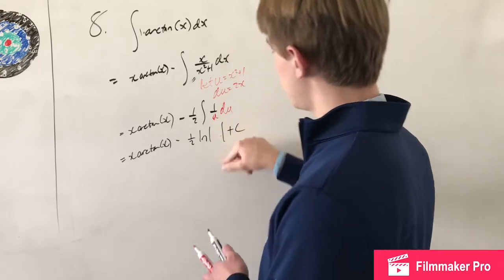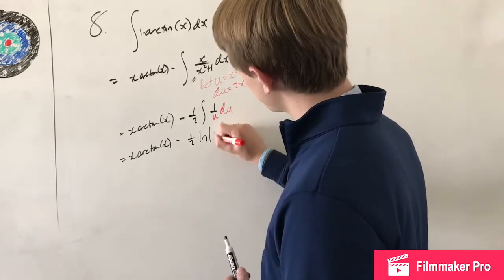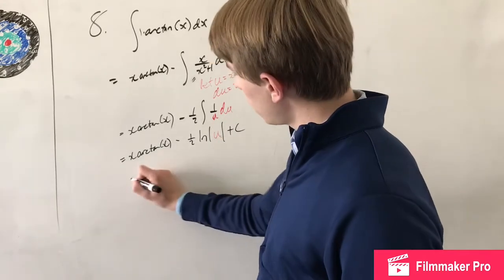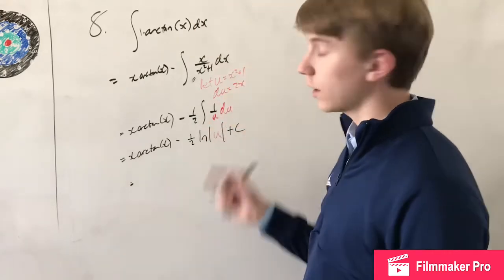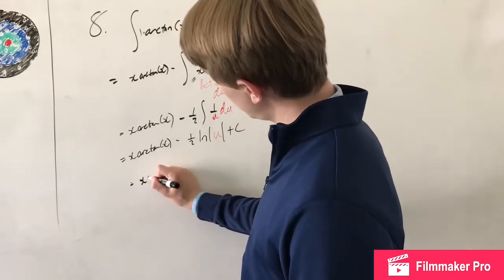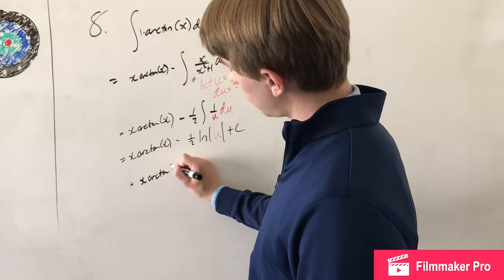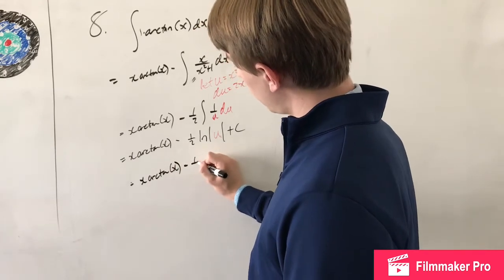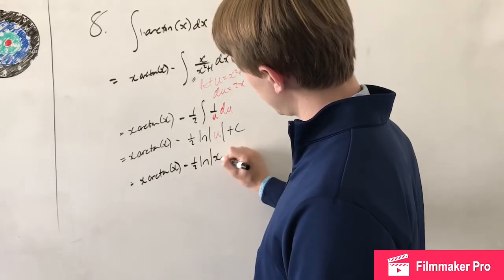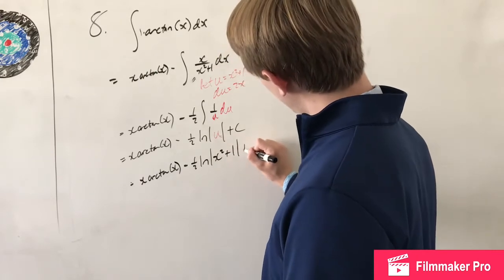That should be a red u just because it looks cooler. So our final answer is plugging x squared plus 1 back in, so we get x arctan x minus 1/2 natural log x squared plus 1 plus c.